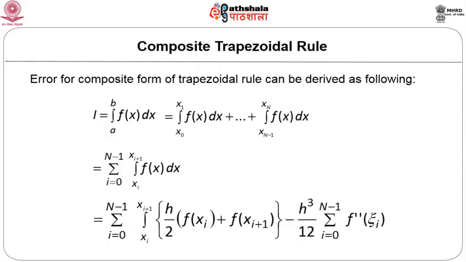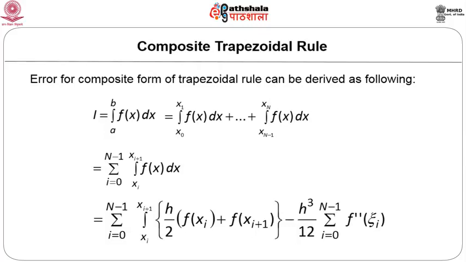So the error terms will get summed. The combined error term for the composite form will be sigma i equal to 0 to n minus 1 of f second derivative at the point xi, and outside the summation sign we will get minus h cube by 12.